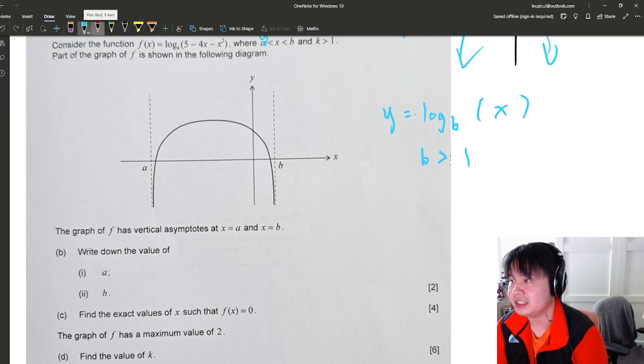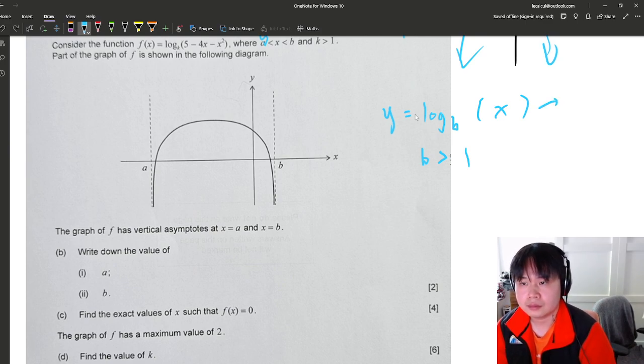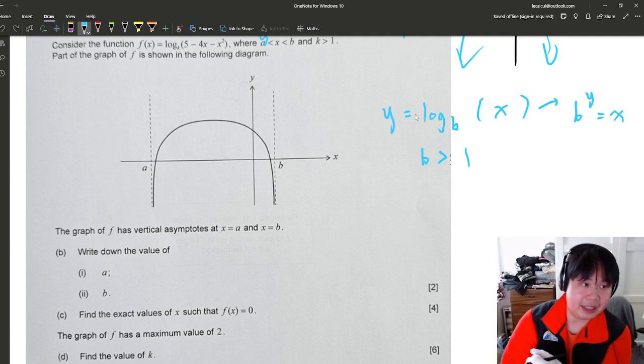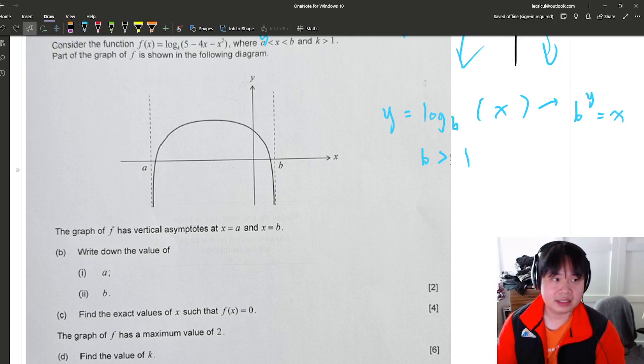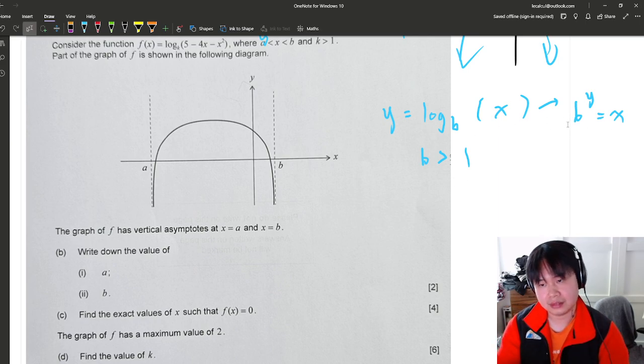We can always change this into an exponential expression. Okay, it won't let me change colors. So b to the power of y equals x. Okay. Now, this means there are some restrictions about b if we're interested in exploring what a log graph or function does or is.